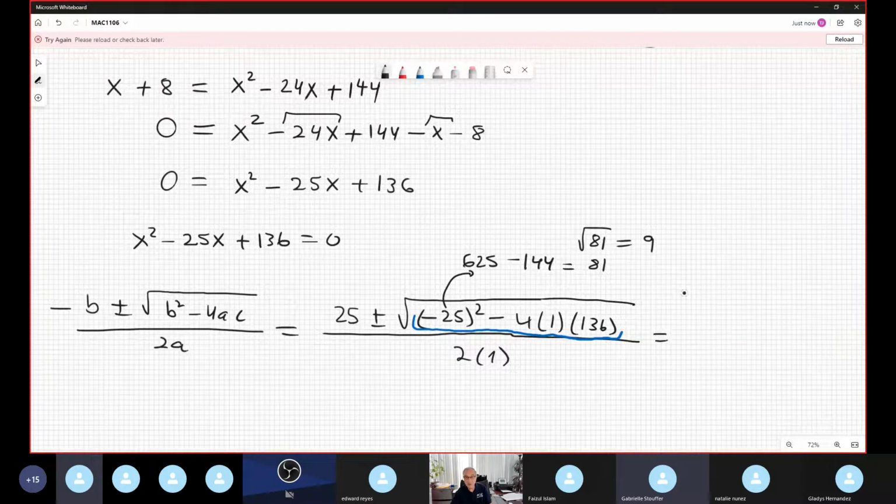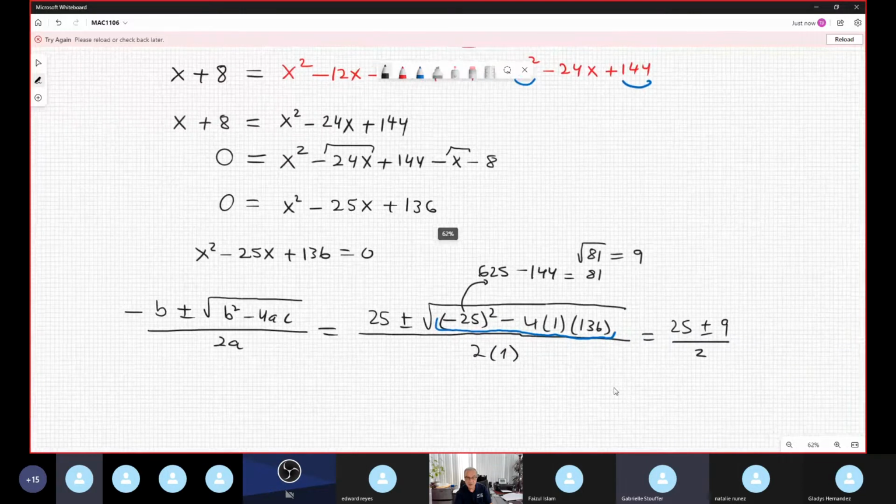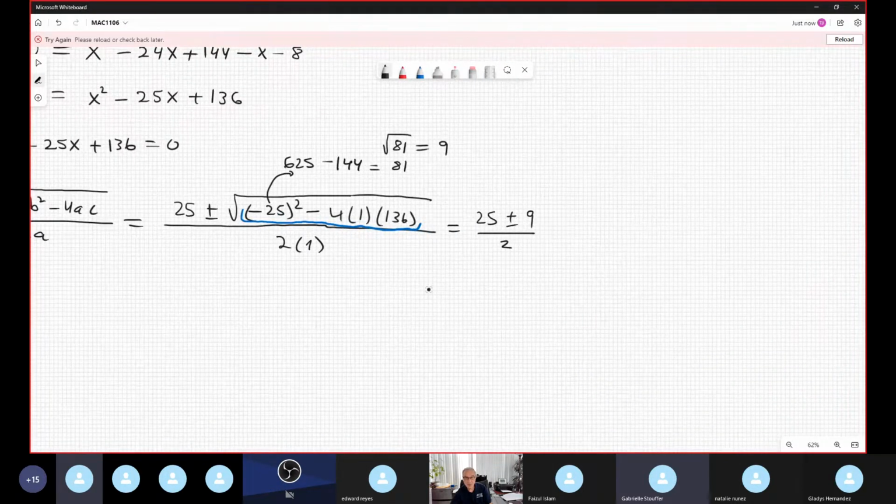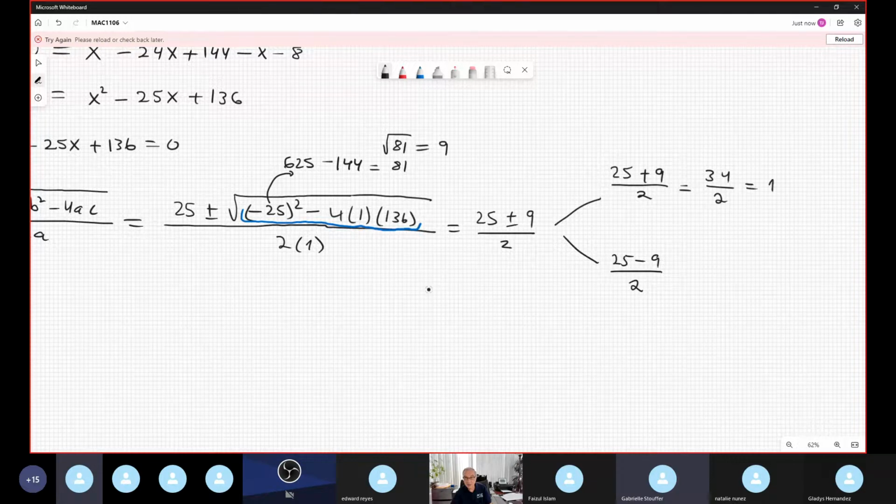So far we have 25 plus or minus 9 divided by 2. Cool. Separate into pieces: plus piece, negative piece. We have 25 plus 9 divided by 2 and 25 minus 9 divided by 2. 25 plus 9 is 34, and divided by 2 is 17.